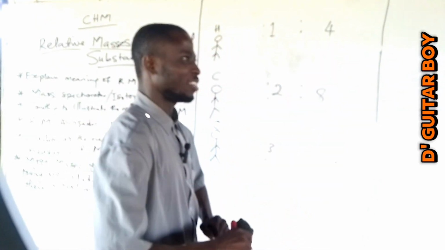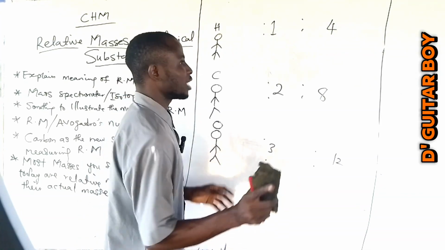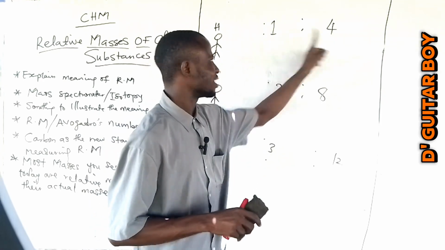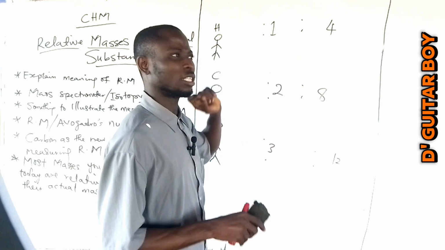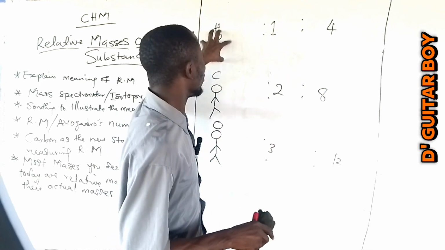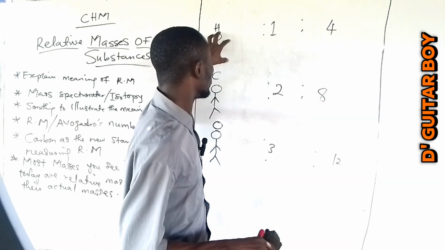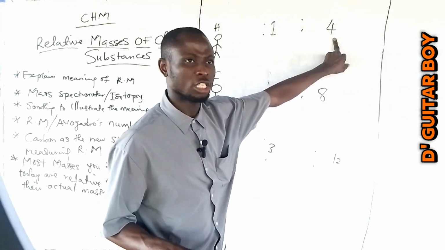These guys are now feeling pompous. So what will happen here is, think about it this way. This man that was having 1 is now giving 4. And it's just 1 hydrogen, 1 person. So how many of this kind of man would have actually given you this new value 4?